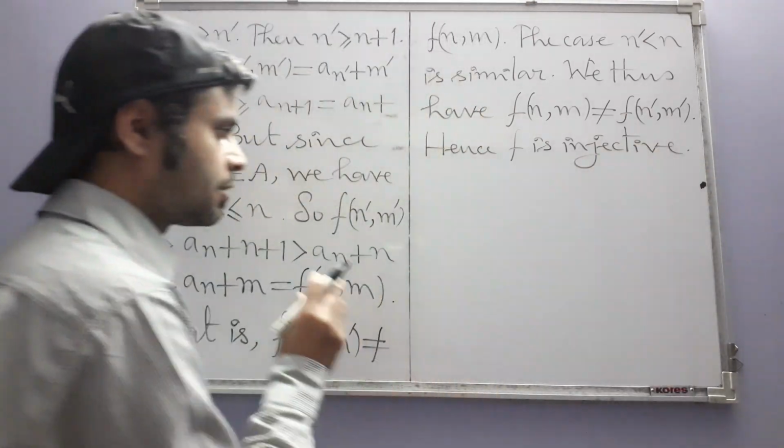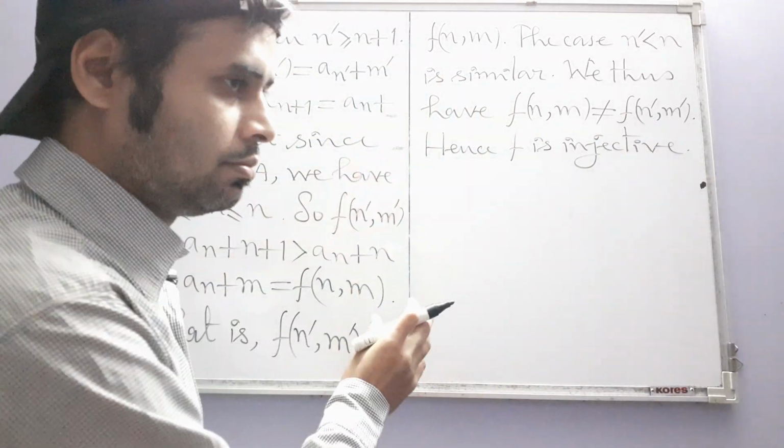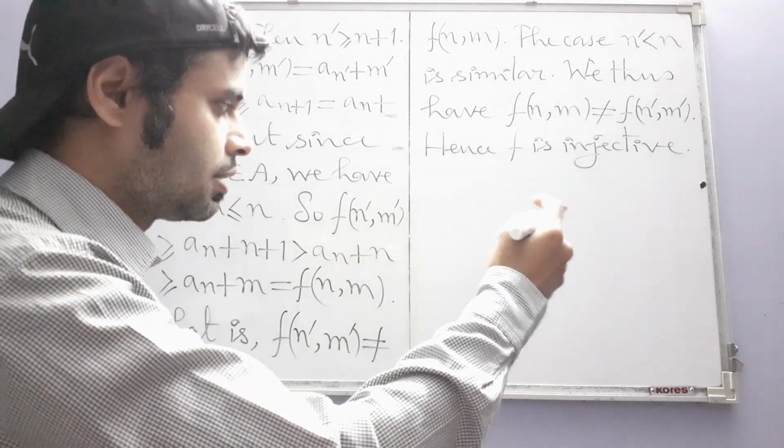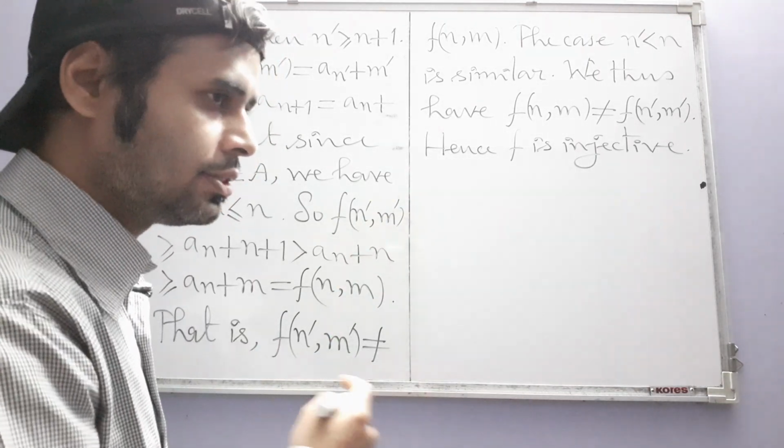Now f is a function with domain the set A and range the set of natural numbers, and it is injective.